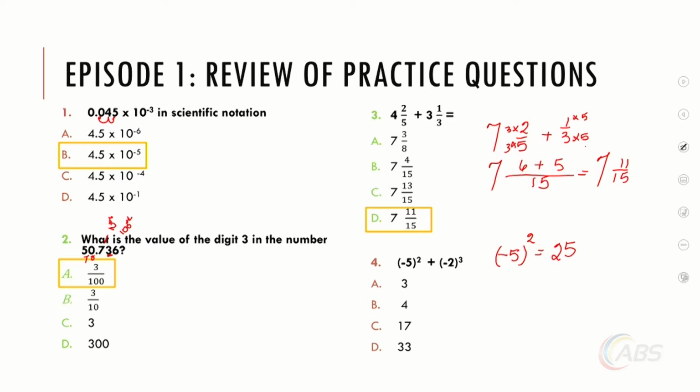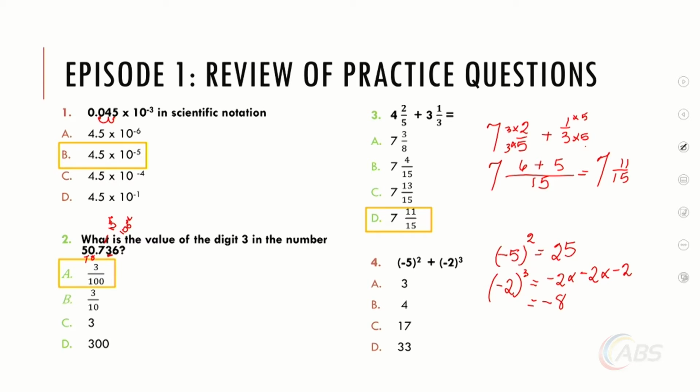When we look at our negative 2 cubed, that means we're multiplying our negative 2 by itself 3 times. So negative 2 cubed is the same as negative 2 times negative 2 times negative 2. Like we know, a negative times a negative gives us positive. So if we multiply a negative 2 by a negative 2, we get a positive 4. And when we multiply that last negative 2, a positive times a negative gives us a negative. So we know our answer is going to be negative. 2 times 2 is 4, and times another 2 is 8.